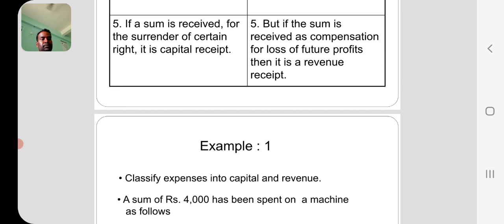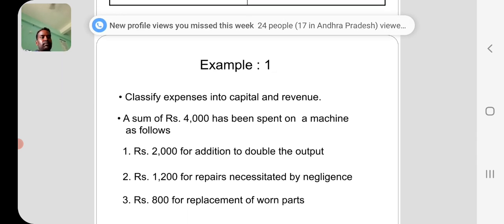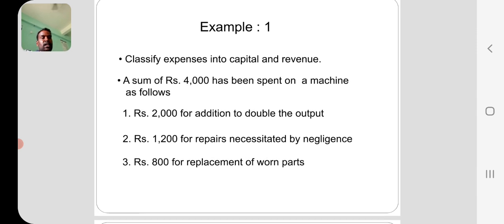See here, one example is given. Classify expenses into capital and revenue. From the following, we have to find out which one is capital and which one is revenue.